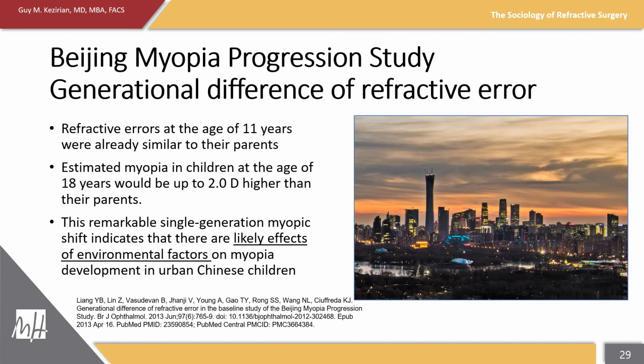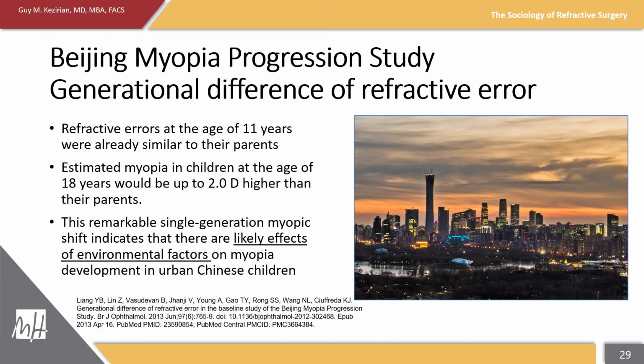The Beijing myopia progression study looked at generational differences in refractive error. This was very interesting because they were trying to tease out the question, is it all genetics? And how much of it is from the environment? They looked at refractive errors at the age of 11 years, compared to their parents' refractive errors at the age of 11 years.